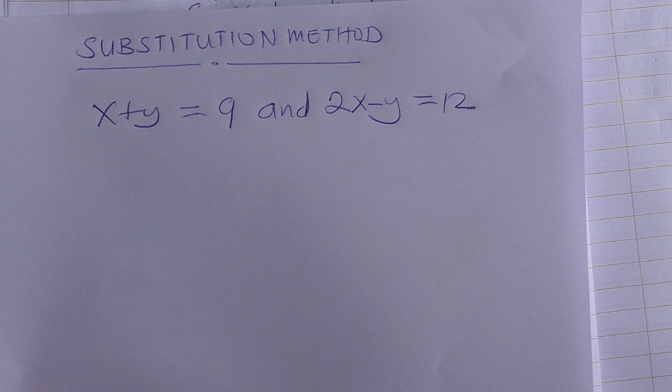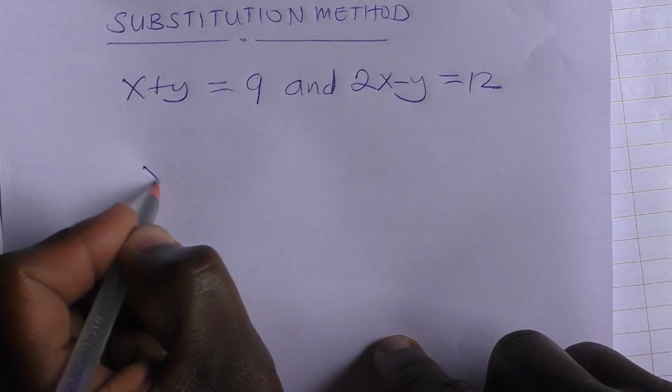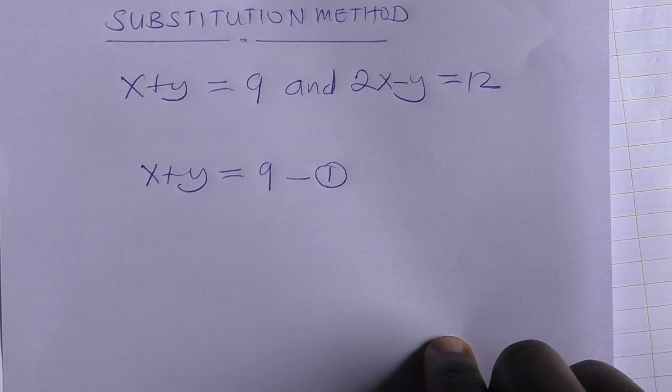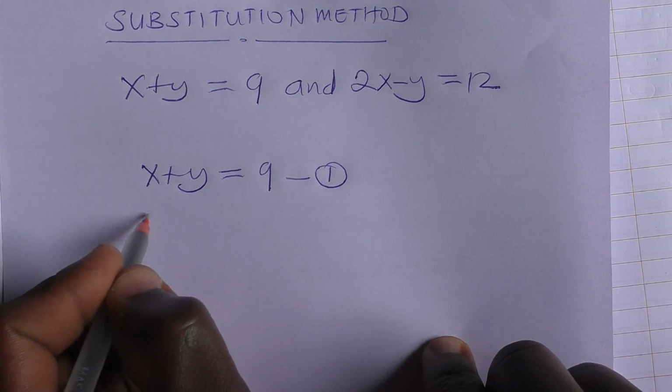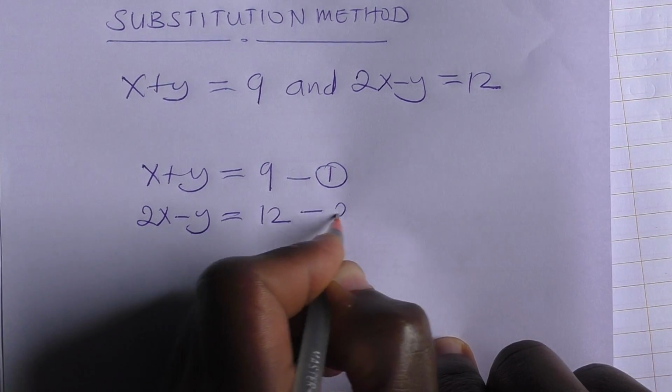Now, the word substitution could mean replacing. So we have x plus y equaling 9 as our equation 1. We also have 2x minus y equaling 12 as our equation 2.